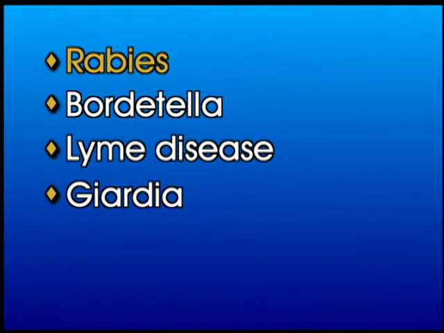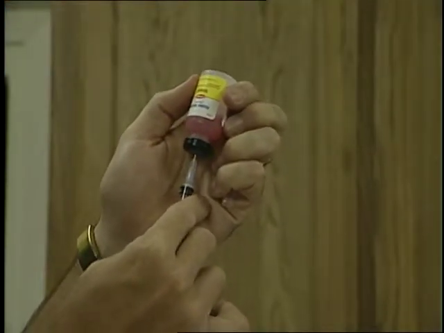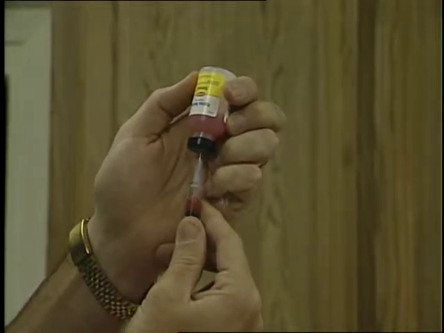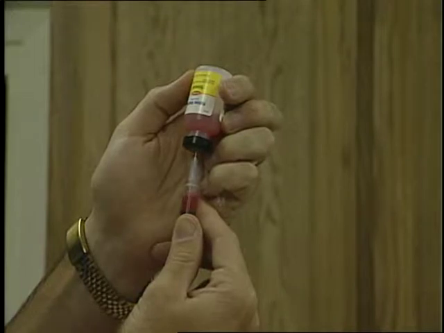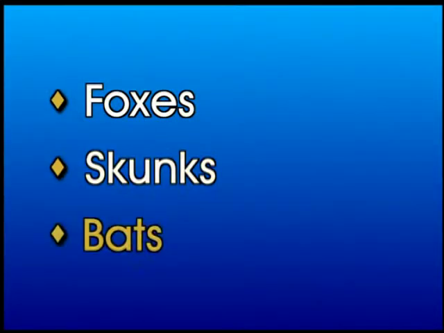The rabies vaccine is the other major dog booster given. It is commonly abbreviated R or RV for simplicity and consistency. Because of the widespread use of the rabies vaccine, the occurrence of rabies has dropped substantially. The virus that causes the disease can develop in any warm-blooded animal, but seems to be especially common in foxes, skunks, and bats.